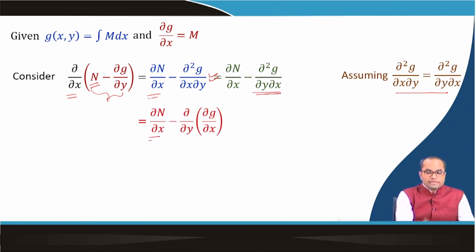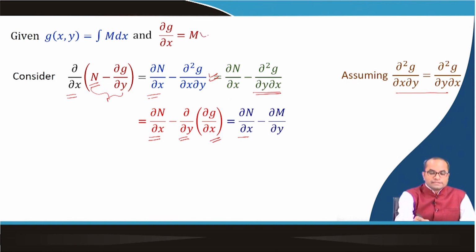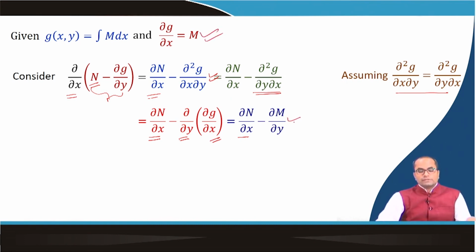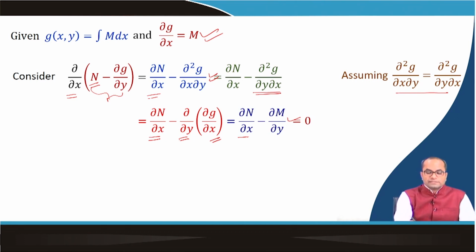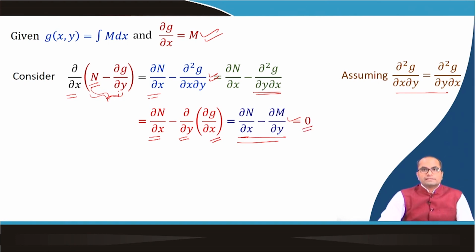This is equal to del N over del x minus del over del y of del g over del x, and del g over del x is basically M. So we have del N over del x minus del M over del y, and this is equal to 0 because this is the condition we have assumed. That means if we partially differentiate N minus del g over del y with respect to x, it comes out to be 0. It is free from x, it is a function of y alone.